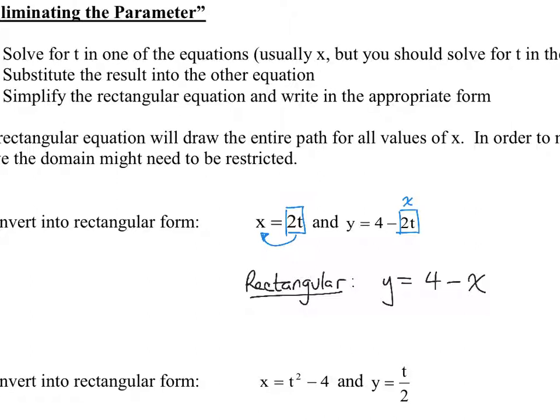Now, this is not a proof, but I would now have it in my mind that if my x and y equations each had a linear form, then what you would be dealing with is the graph of a line. On the previous page, we learned that if one part of your parametric equation set is linear and the other part is parabolic, you're dealing with a parabola. It's just a question of which way: up, down, or left and right.